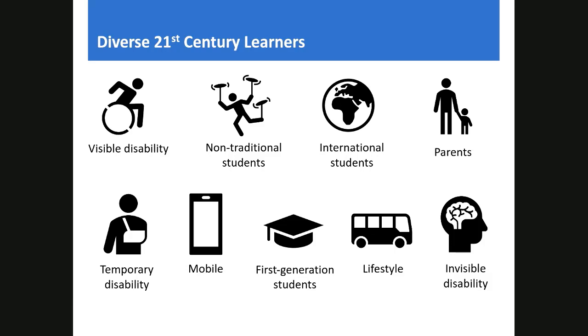Certainly we have a lot of students that are parents or have other family obligations. We're also seeing a growing number of international students at campuses. These might be students who are new to a culture of a place or maybe speak a different native language. Non-traditional students are also growing populations at our colleges. These could be students that are returning to school after a period away.